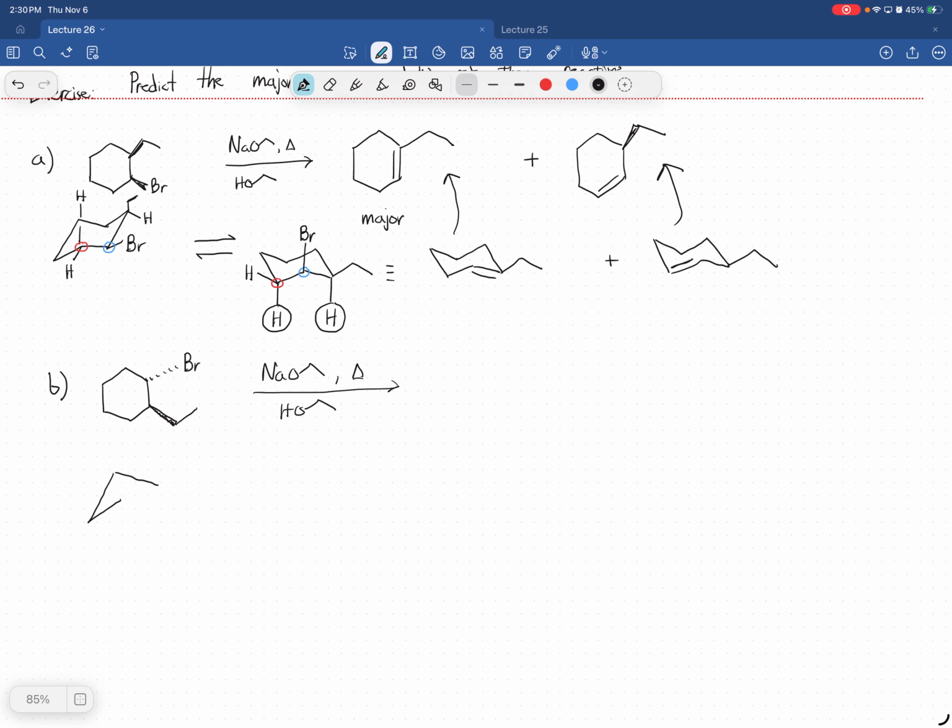Doesn't matter which form it is in right now. Okay. Well, my bromine's pointing down, so let's make this the bromine. So that's pointing down, Br. And then the ethyl group is pointing upwards. Okay. Well, the hydrogens here are not in the right positions, so we have to draw a chair flip where the bromine is axial. So let's just flip the chair.